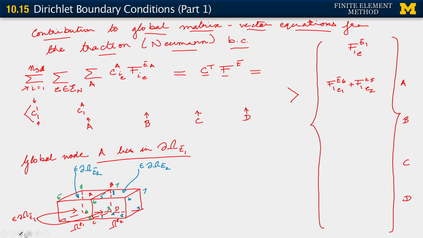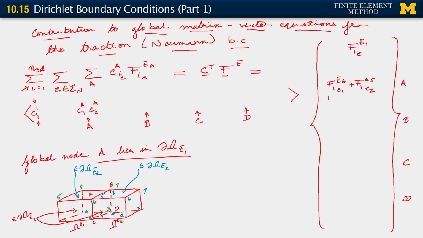If we are clear about that, let me put in the contributions. For the contributions from the 2 direction to this traction force vector, would there be anything from global node A? There would be, so we would have a CA2, and that would show up right here.